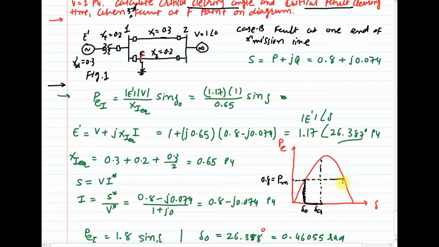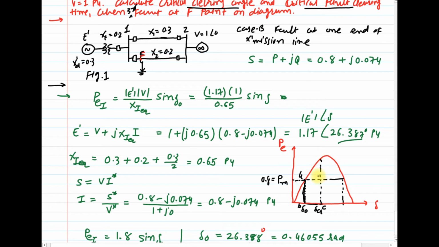So let us say somewhere over here, so you can visualize the equal area criteria. Here at A point, normal operating condition, at B to C the fault will clear, and that we have to calculate at after what time and what angle the fault is clear.